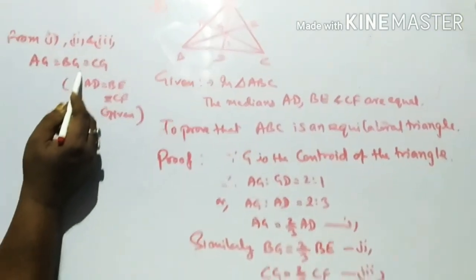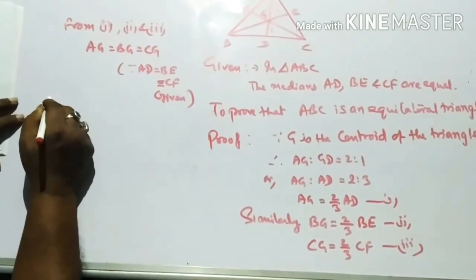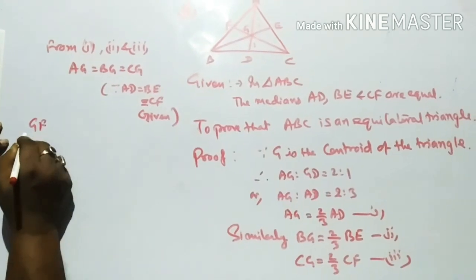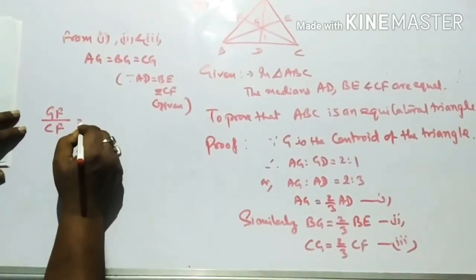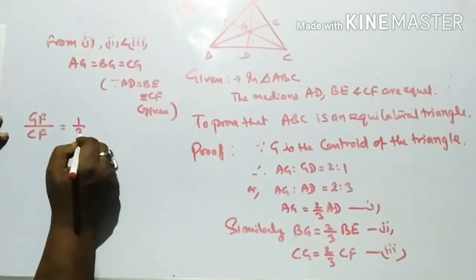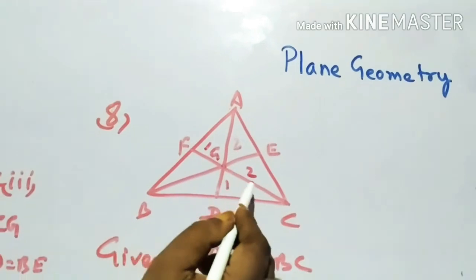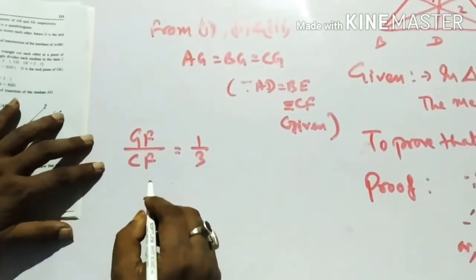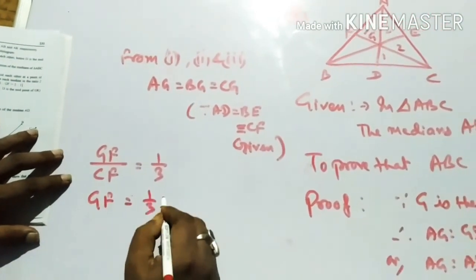Therefore, this is equal. Now again, I can write GF by CF is equal to 1/3, because this is 1 and this is 2, in the 2:1 ratio. So GF is equal to 1/3 CF.